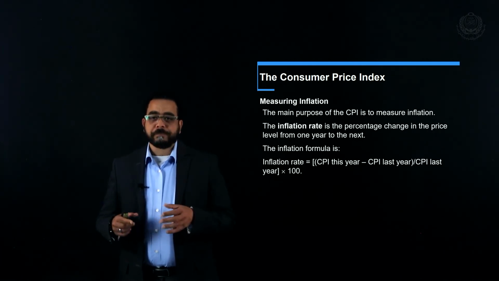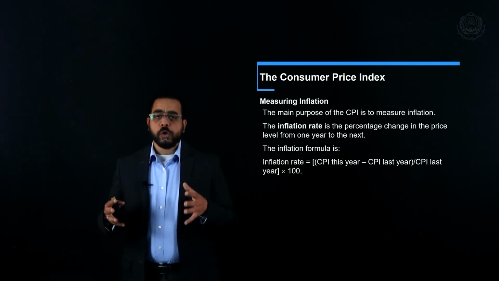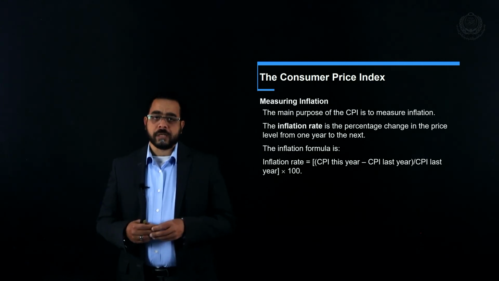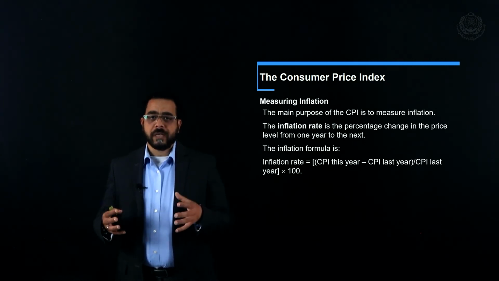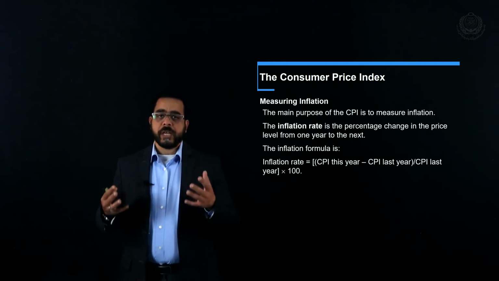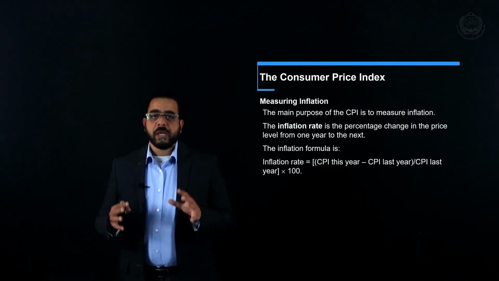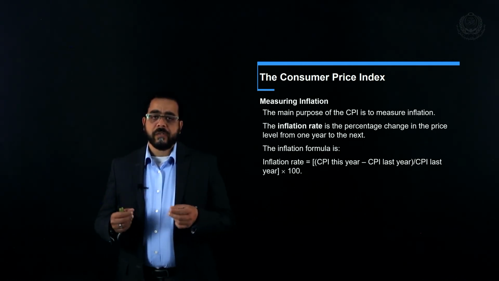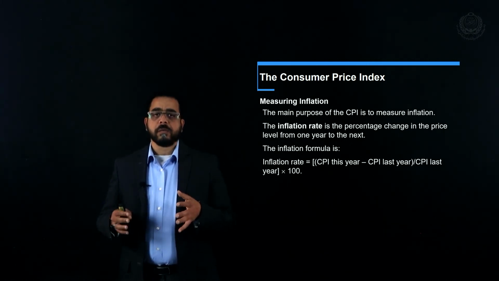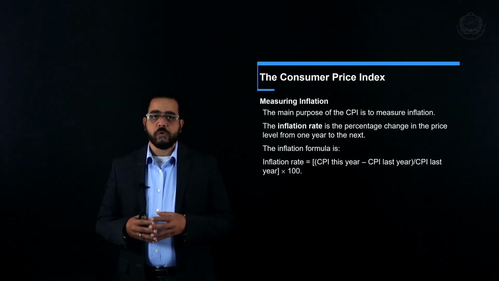This actually will help us to know the change in prices. So CPI, or Consumer Price Index, is our way of calculating the change in price level. First step is to define the base year. Then we define the basket of the goods that matter most for the consumers.